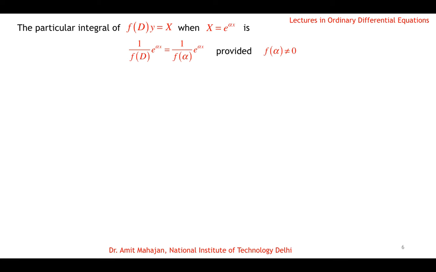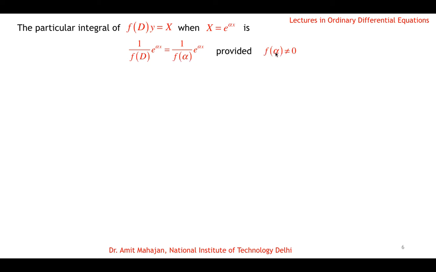So in general, if you are given a non-homogeneous differential equation with the right hand side capital X as the exponential function, then its particular integral can be calculated as 1 by f(D) e power alpha x, and we can substitute D as alpha, and it will become 1 by f alpha e power alpha x. This will be the particular integral if f alpha is non-zero.